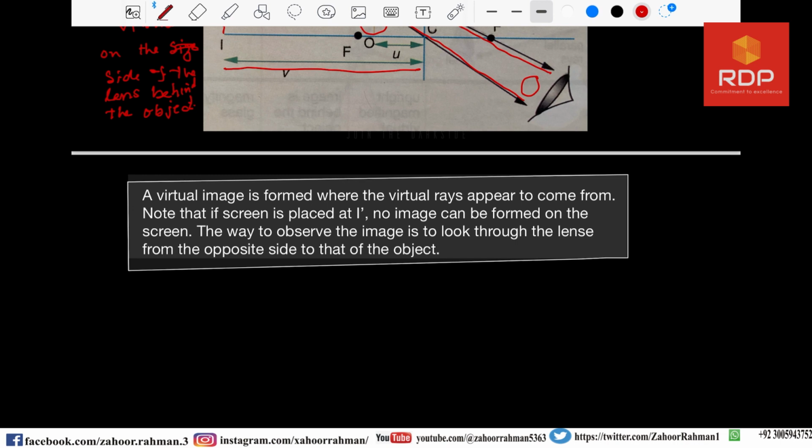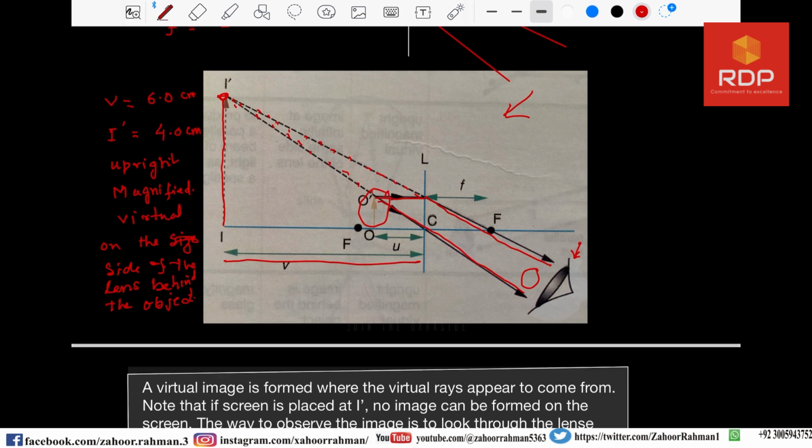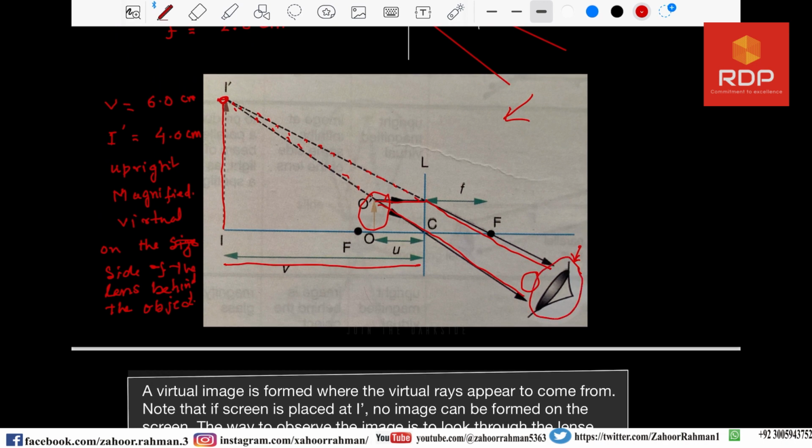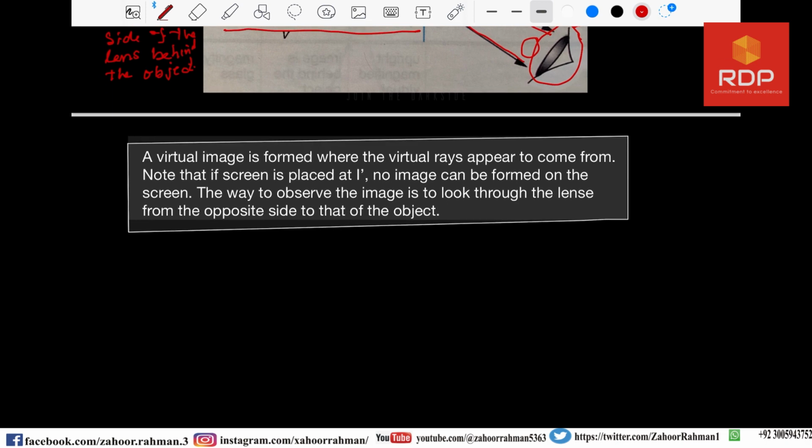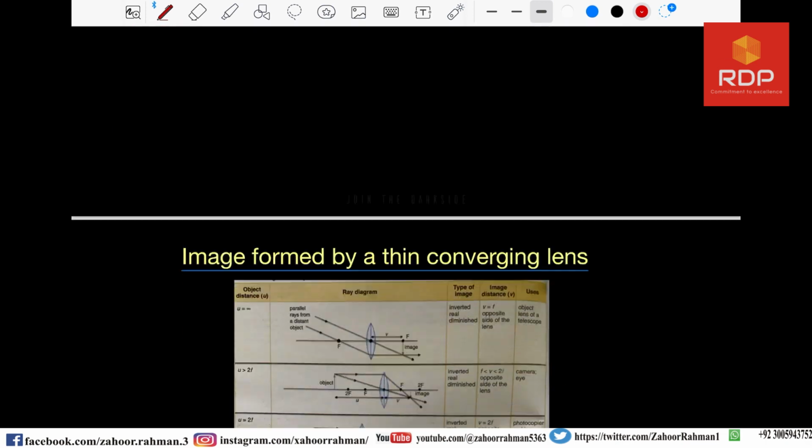The way to observe the image is to look through the lens from the opposite side of the object. From this position, I, you will see the enlarged or magnified image.